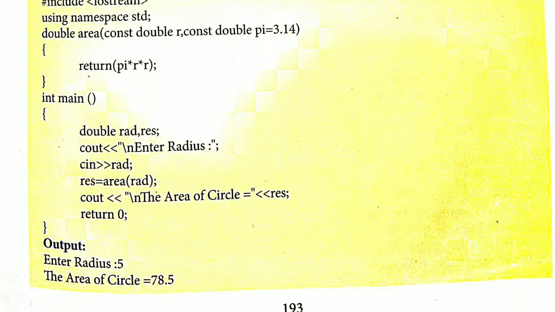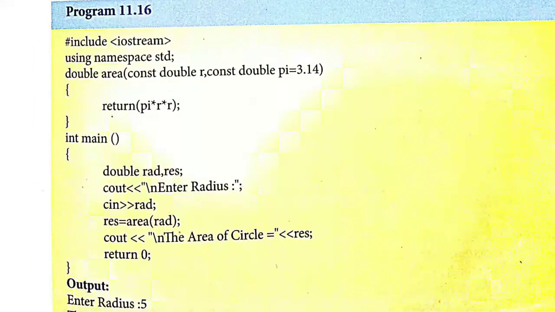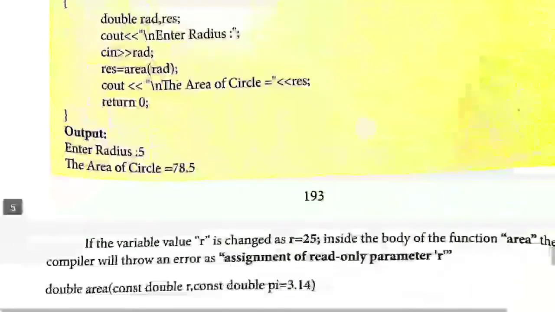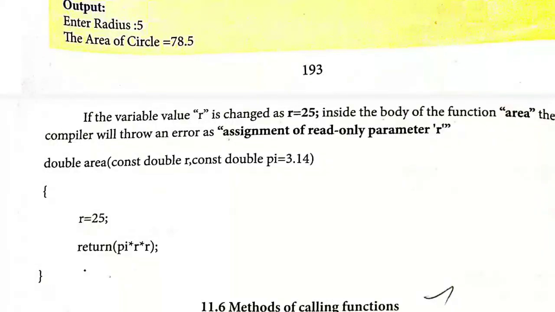This is a constant value, and you can see that these two things are default arguments. So r and pi are the default arguments, but they are given as constant variables. Sorry, constant data, which means that throughout the execution of the program, this r value and the pi value do not change. So this is the example of that.